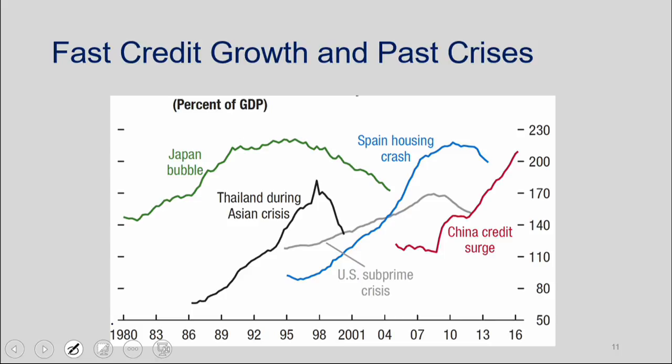Once the credit grows too rapidly, you get asset prices increasing very rapidly, and then the asset prices collapse, and then credit stops flowing, and then the real economy suffers as a result. Now, there's also a line on China. China has also witnessed, I think, one of the biggest credit surges in recent time. That's a big indicator of vulnerability.